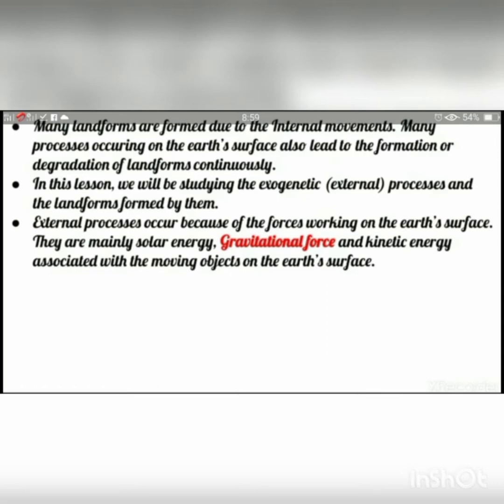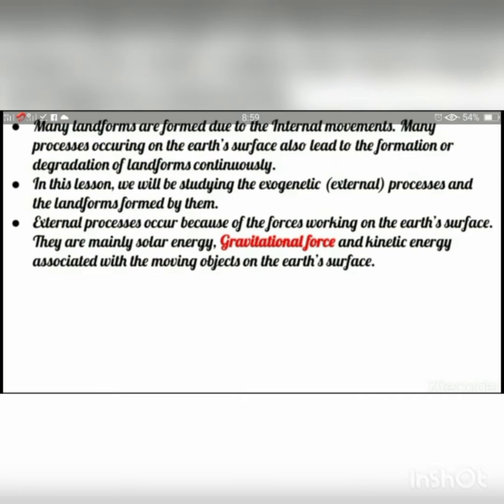Now here, internal movements means, students, already we have studied about earthquake and volcano. Those movements are occurring in the interior part of the earth. So changes are taking place in the interior part of the earth. Earthquake and volcanic eruptions take place inside the interior part of the earth. But the destructions are seen outside.